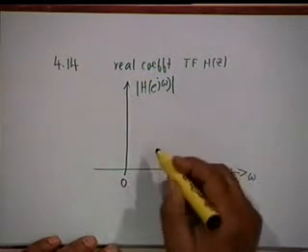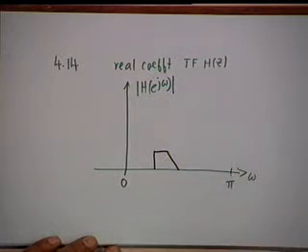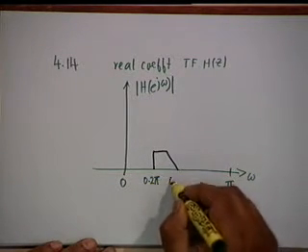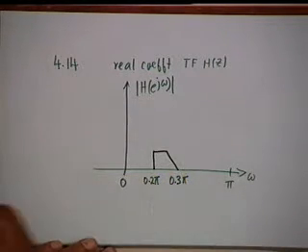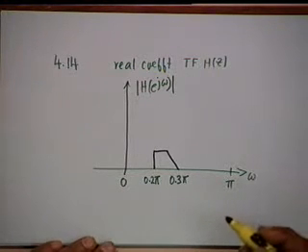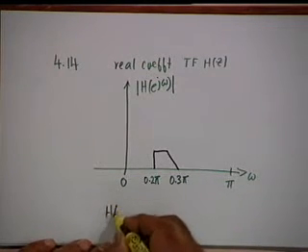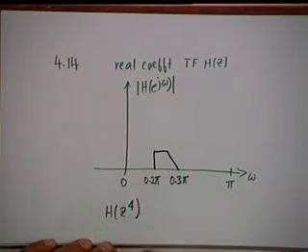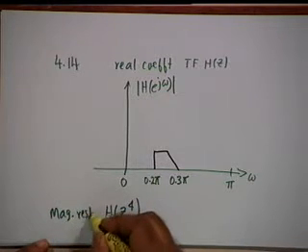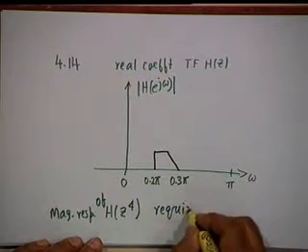The response is not to scale, 0.2 pi and 0.3 pi. Plot the magnitude response of H(z^4). This is what is wanted. This is the problem.